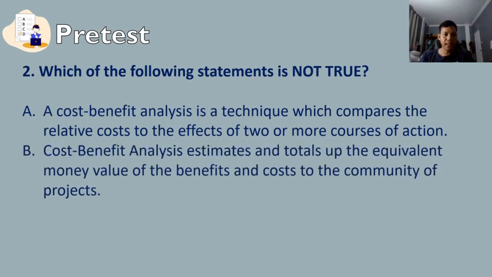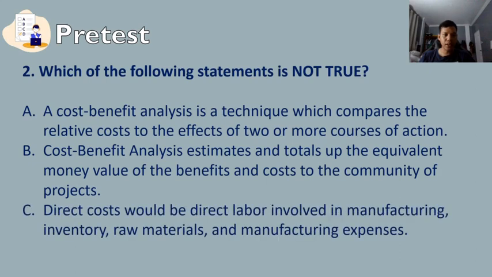B, cost-benefit analysis estimates and totals up the equivalent money value of the benefits and costs to the community projects. C, direct costs would be direct labor involved in manufacturing, inventory, raw materials, and manufacturing expenses. Letter D, none of the above. So which of the following statements is not true?